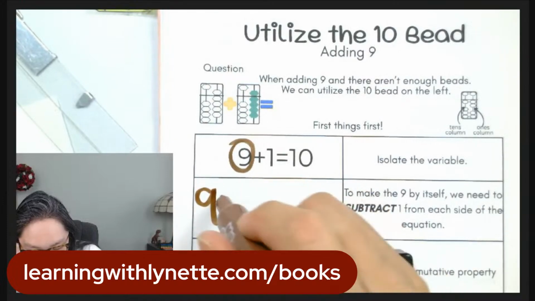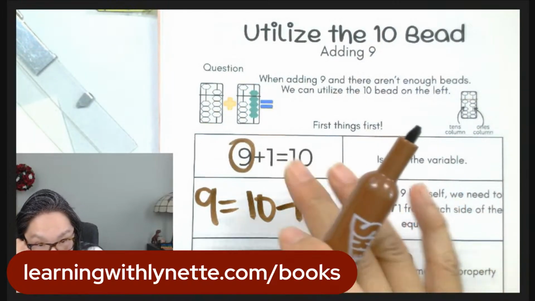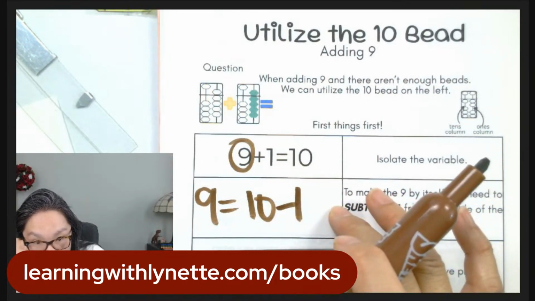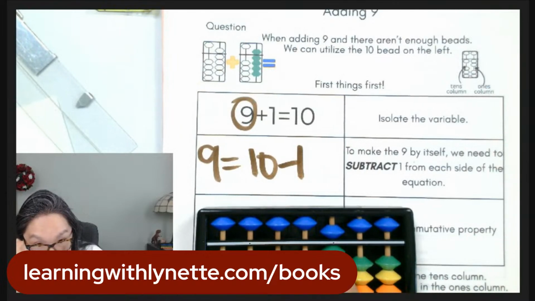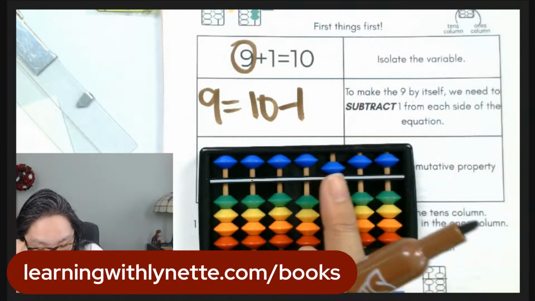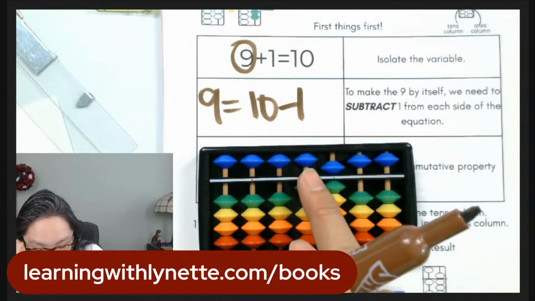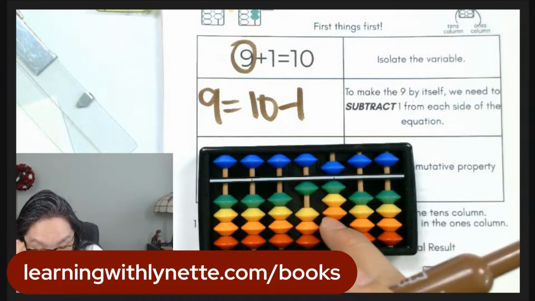So 9 equals 10 minus 1. Because if I just equal it to 10, that's too much. So I need to minus the 1. So I will need to plus the 10, right? We know when we add the 10, it's a 1 and a 0. 10 is 1 and a 0. So we're going to do plus the 10 plus the 1 and minus the 1. So my final answer is 18.